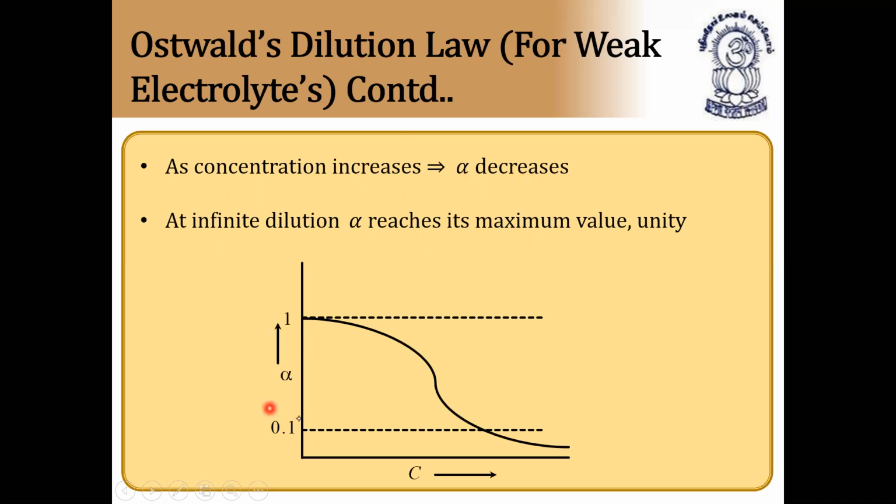As alpha increases, concentration of solution decreases. As the concentration increases, alpha value decreases like this. This is the graph related to C and alpha. Alpha is called degree of dissociation and C is called concentration.